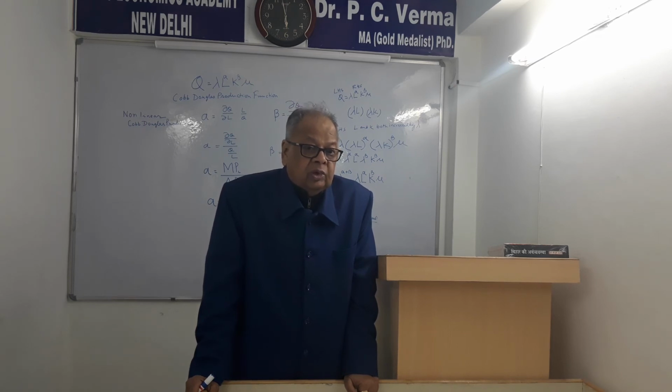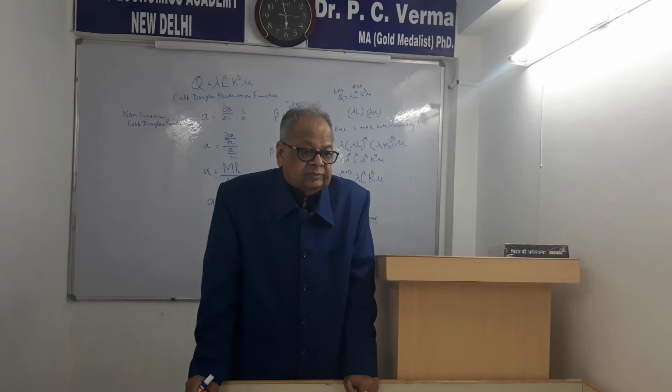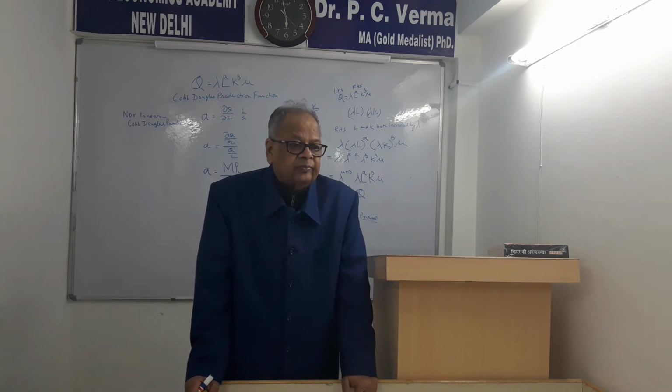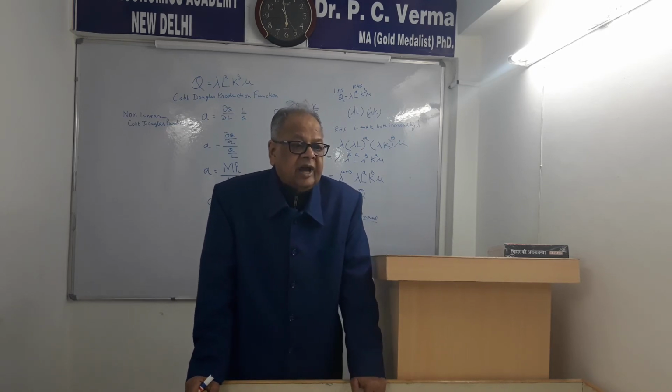So this is the non-linear form of production function. So Cobb-Douglas production function is a non-linear production function. Clear? Right hand side is in A into B form. But it can be converted into linear.